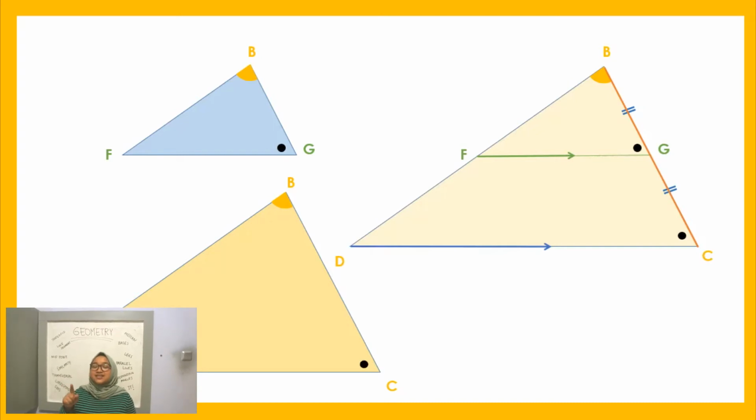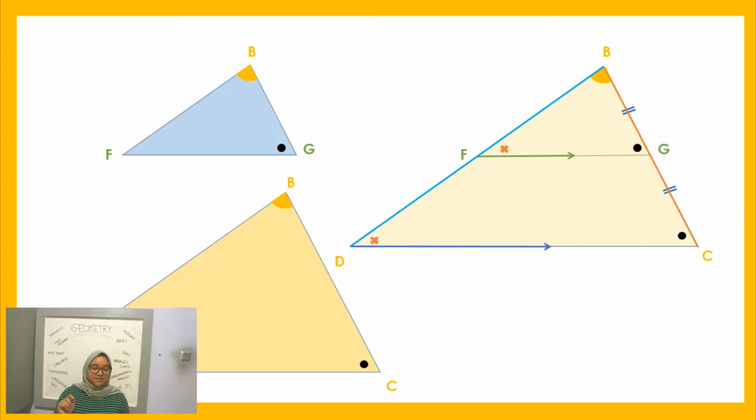If we look again, there is one more pair of parallel lines and a transversal. It is the line FG parallel to DC, cut by the transversal BD. So the same concept of corresponding angles applies to angle GFB and angle CDB, right? They will be congruent to each other.